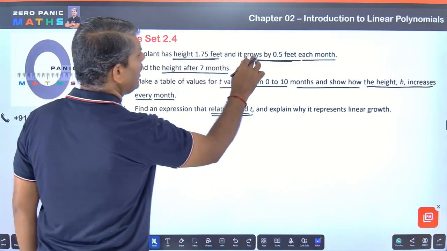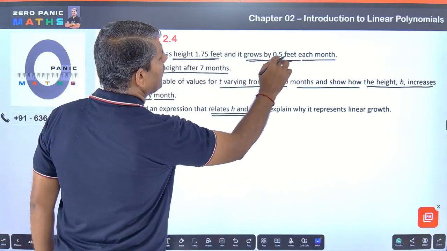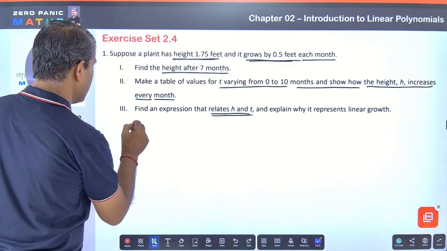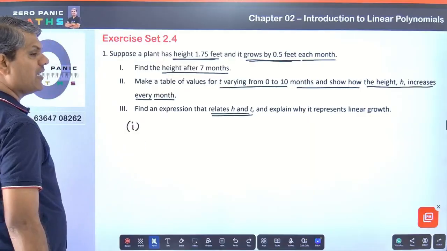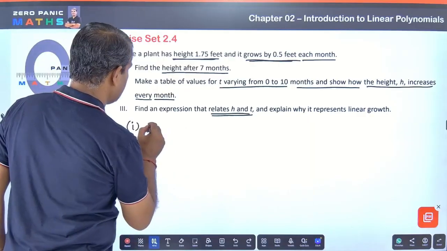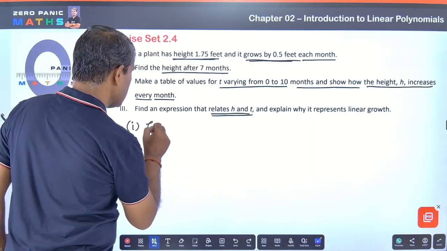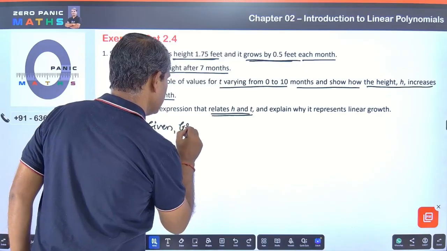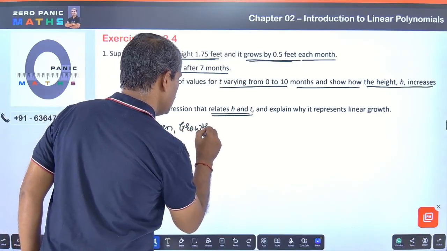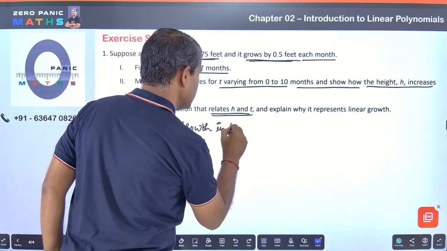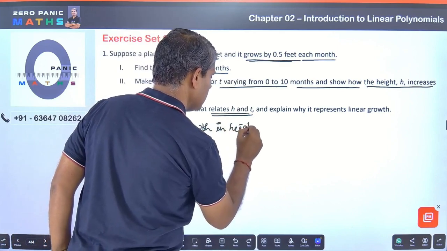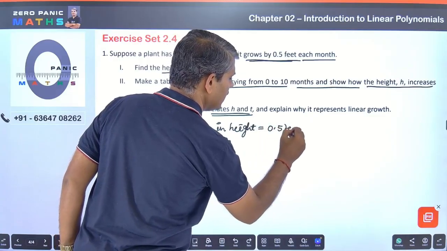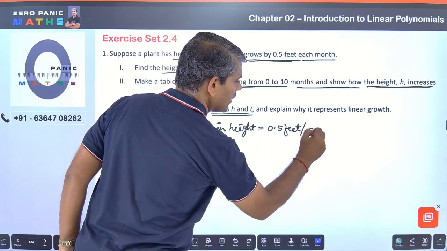Now, the given is that for every month there is a 0.5 feet increase, right? So as an answer to the first question, the growth in height is 0.5 feet per month, correct?